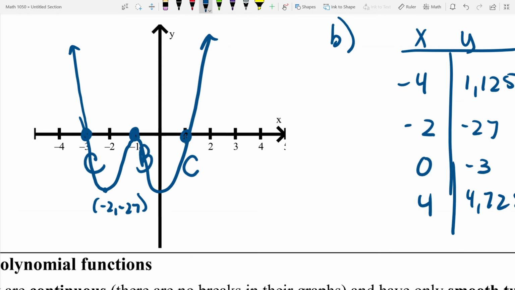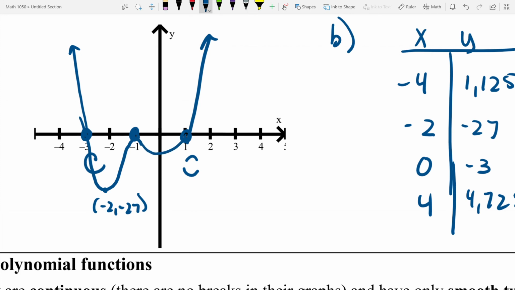The next one is 0, -3, but look how I have them dipping down the same. So use your eraser. I can erase differently. Okay, I'm good. So this is supposed to be a -3, right? And the other guy's a -27, so it should be maybe something like that.